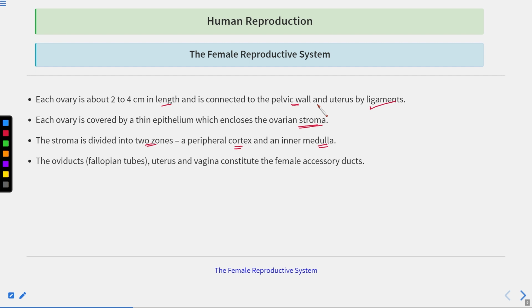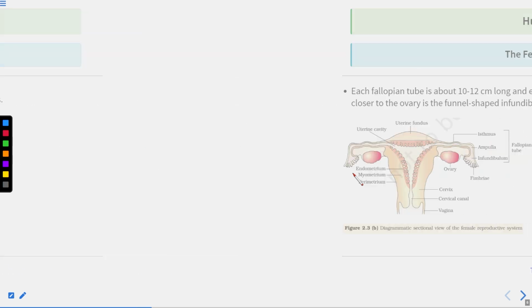Clear? Now let's talk about the oviducts. In the image, I've shown you the fallopian tube. So another name of the fallopian tube is oviduct. Oviduct, the uterus and the vagina constitute the female accessory ducts. Clear?